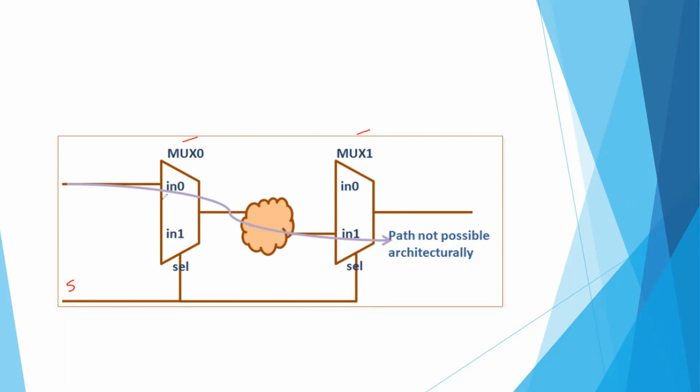So when the first input is selected, suppose the select is 0, that means input 1 is selected for both the muxes. So there is no such path like this. There is only one path like this. There is no physical path like this. So this path is called a false path.